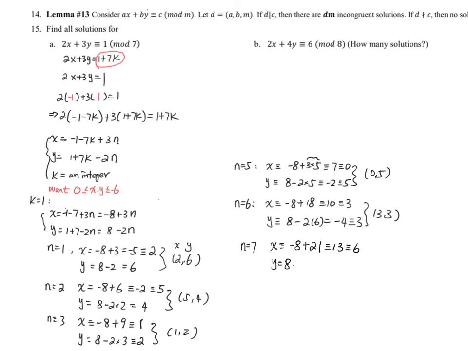And y is 8 minus 2 times 7, which is 8 minus 14, and 8 minus 14 is negative 6. Negative 6 is congruent to 1 mod 7, right? So therefore 6, 1 is the last solution.